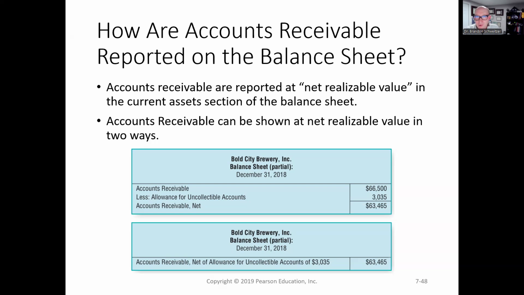The accounts receivable report represents the total net realizable value of your current accounts receivable. If you were to double click on accounts receivable on that amount, you can zoom in and you'll be able to see a list of all your customers and the amounts that they owe you. So it's very simple.